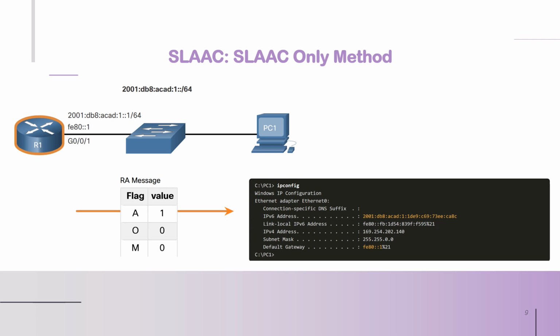The default gateway address is the source IPv6 address of the router advertisement message, which is the link local address of Router 1.